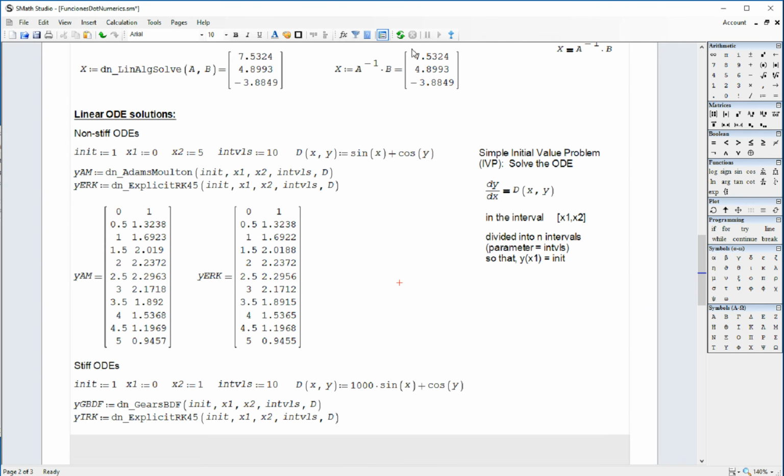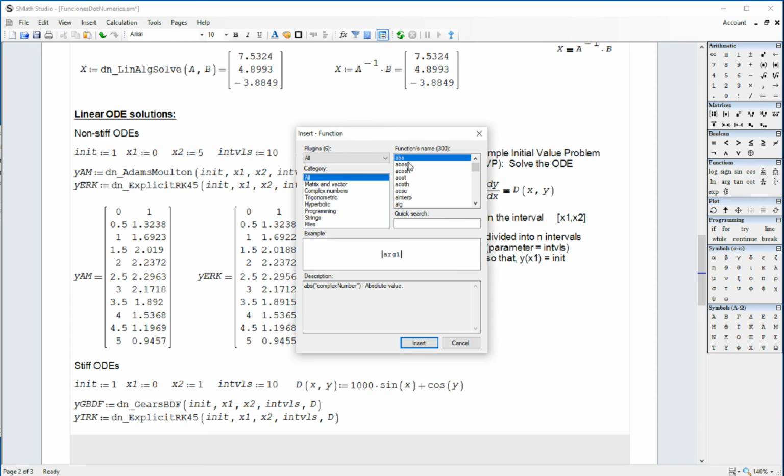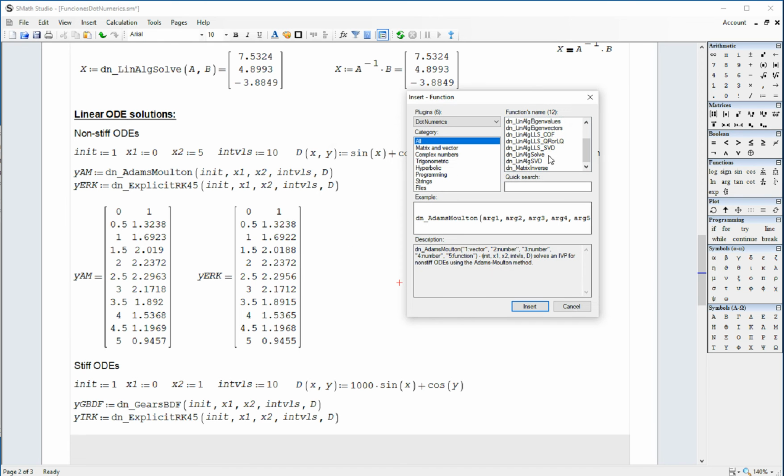The .numerics function offers two functions actually for solving what is called non-stiff ordinary differential equations, and those will be the Adams-Moulton and the explicit Runge-Kutta of order 4-5. Again, if you want to know about the details, look them up online, Adams-Moulton and explicit Runge-Kutta of order 4-5.